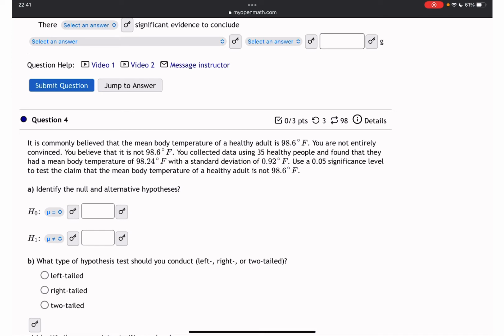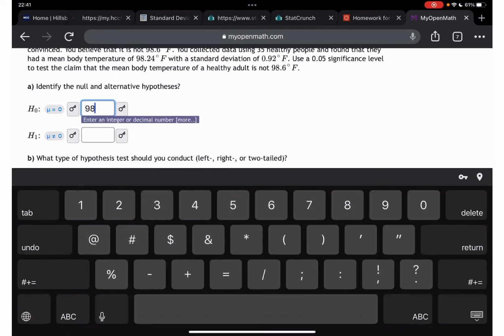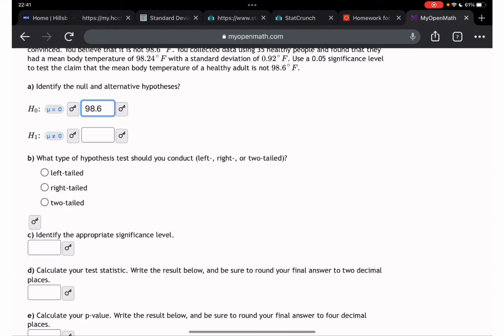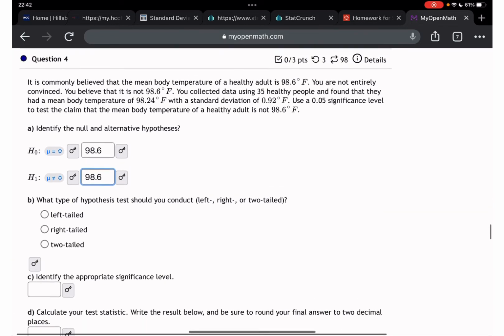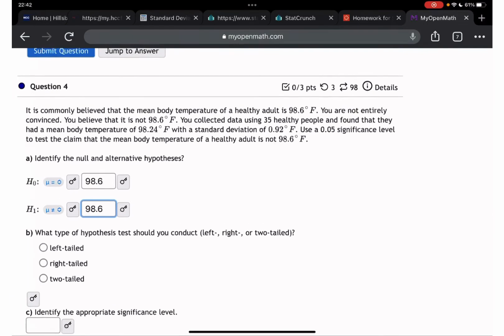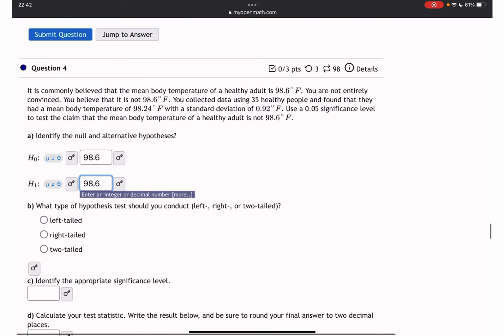We are testing 98.6, right? Here is also 98.6.